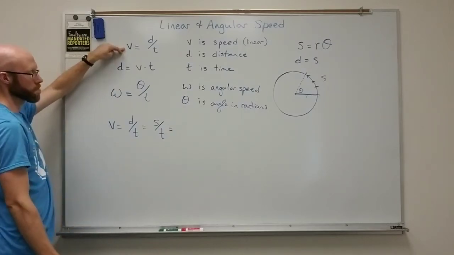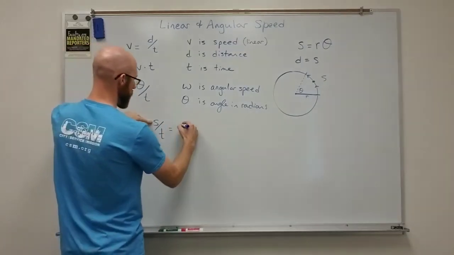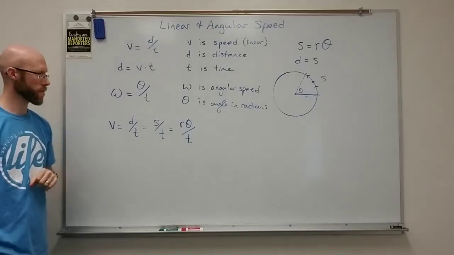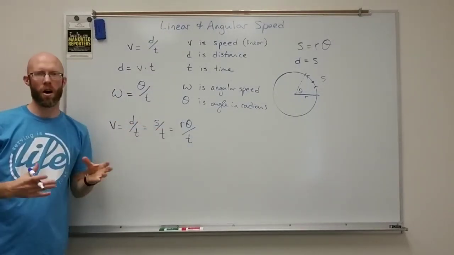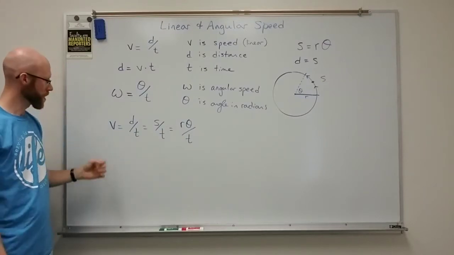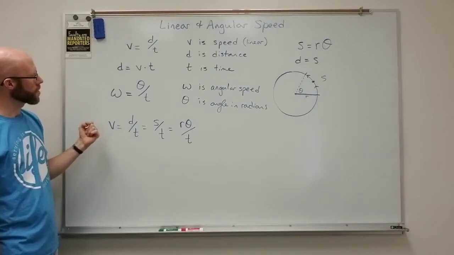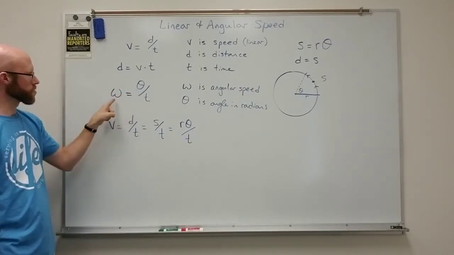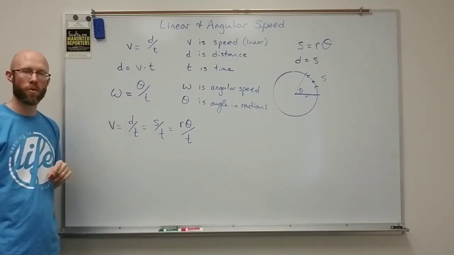Okay, and then I could make a substitution because s is really equal to r theta. So it's r theta over t. So d, s, and r theta all mean the same thing essentially. And that gives us our linear velocity or linear speed. However, also notice that theta over t shows up in the angular speed formula.